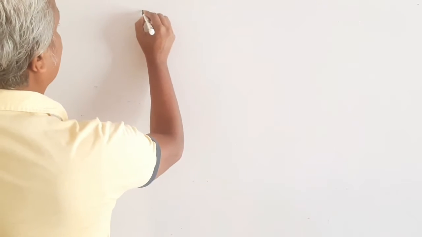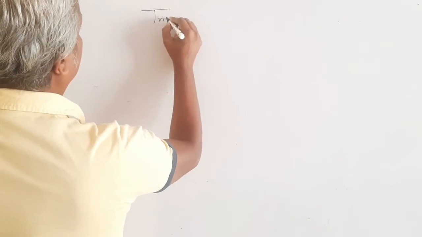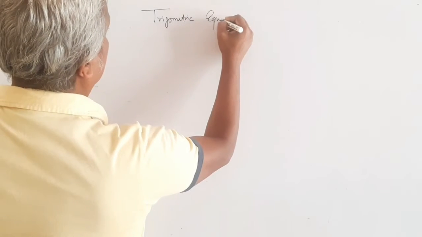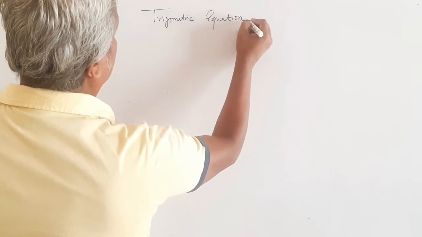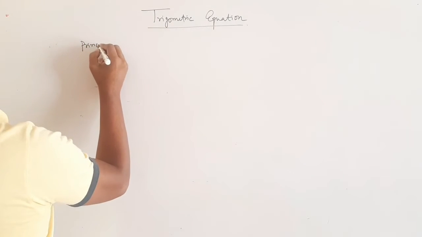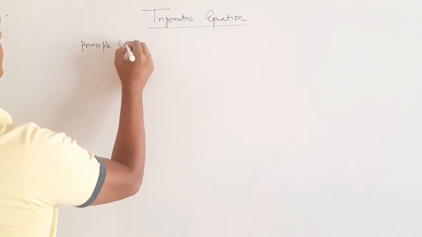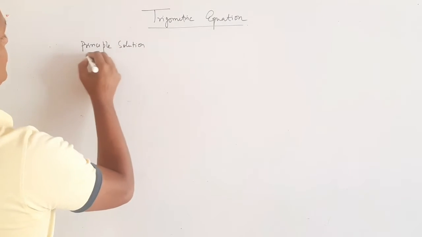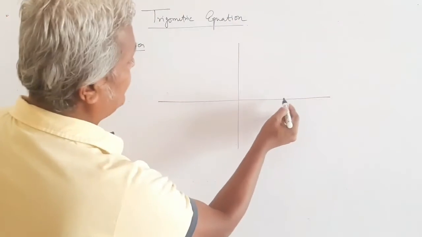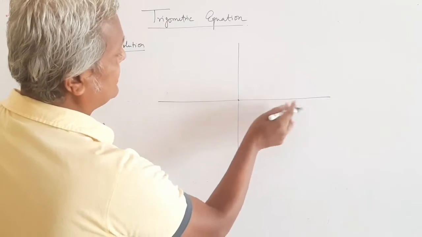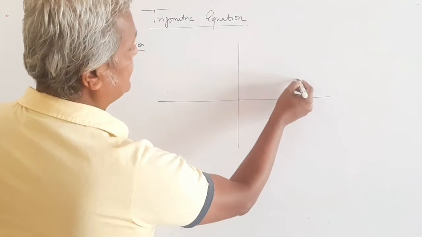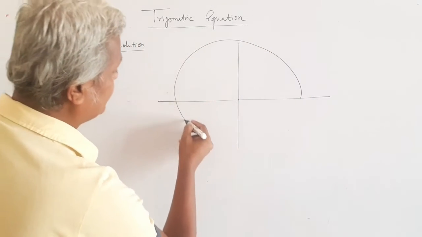So first let me give the heading: trigonometric equation. The type 1 is the principal solution. Since you know that angles are formed by rotating a fixed line about a horizontal axis, suppose I am rotating something like that, and then angles are formed.